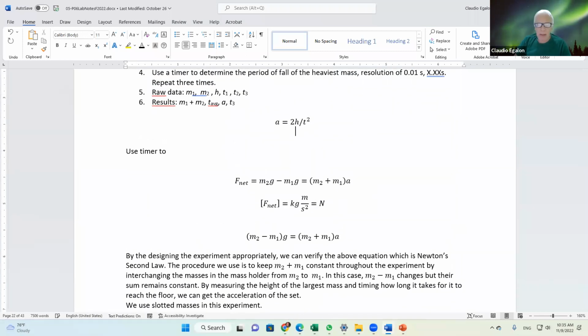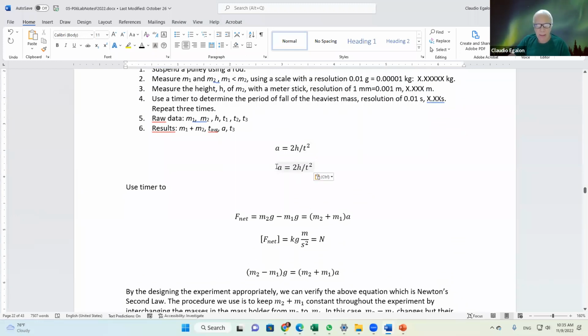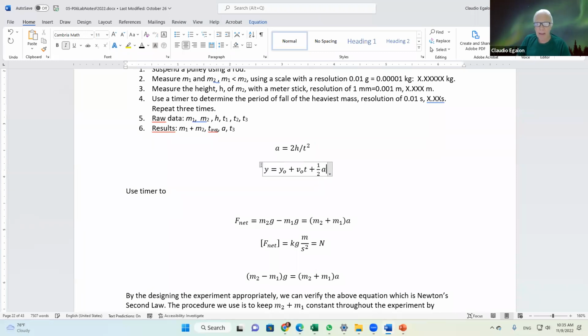We get that from the kinematics equation, right? y equals y naught plus v naught t plus half a t squared. But don't forget, this t is going to be the average t.